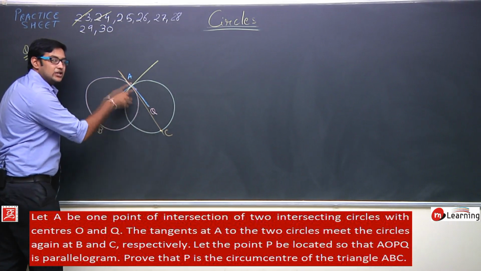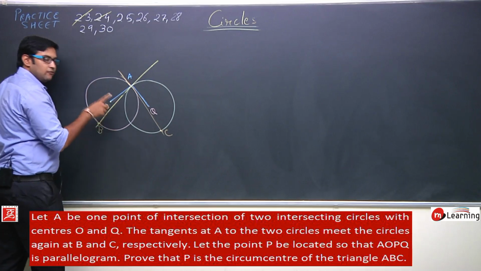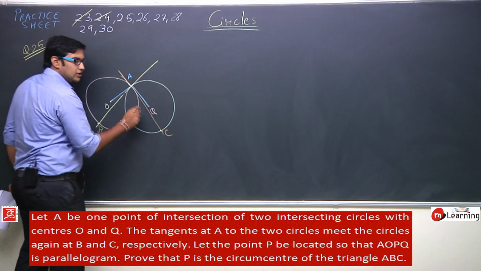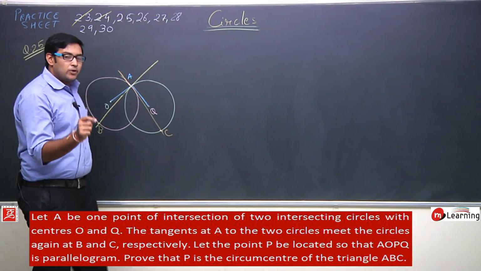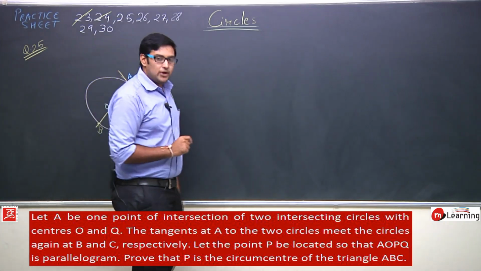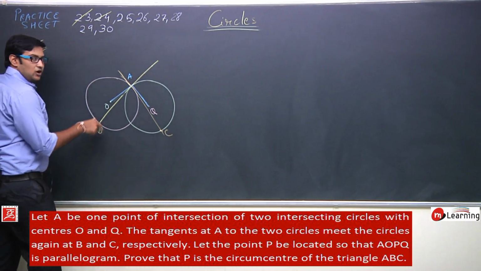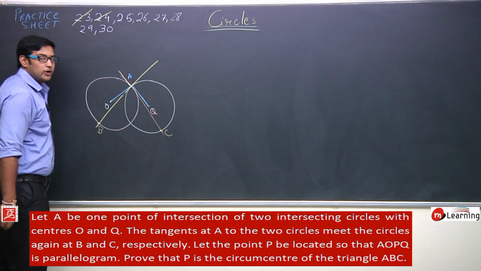To locate the point P, we will draw a line parallel to AQ passing through the point O.